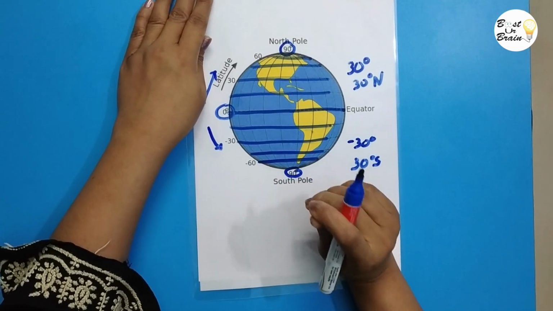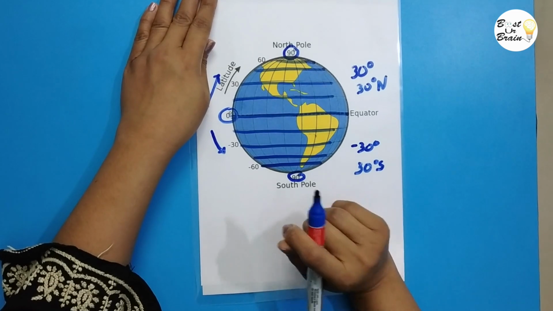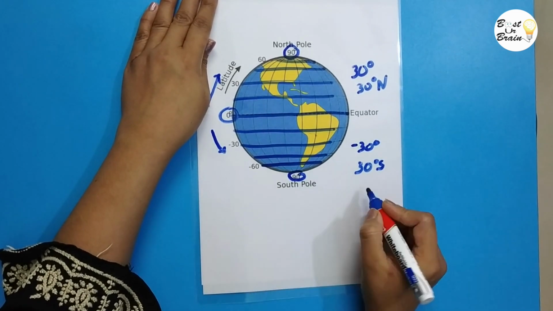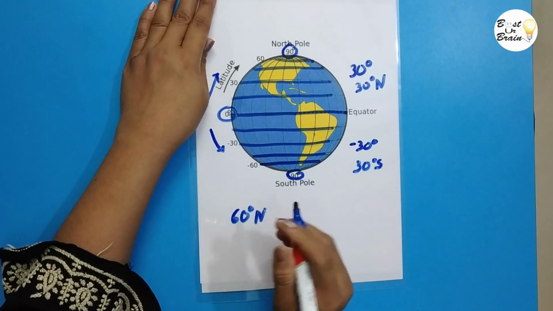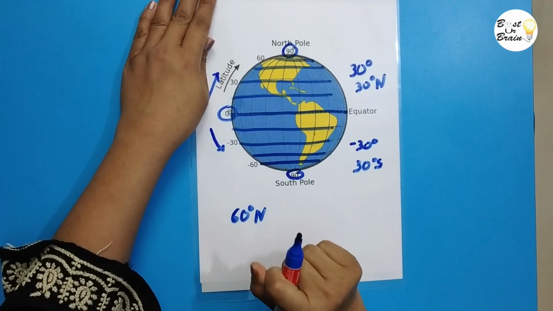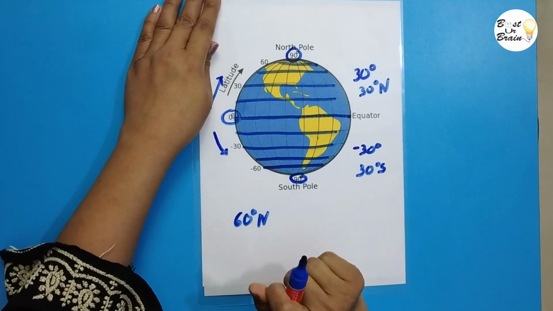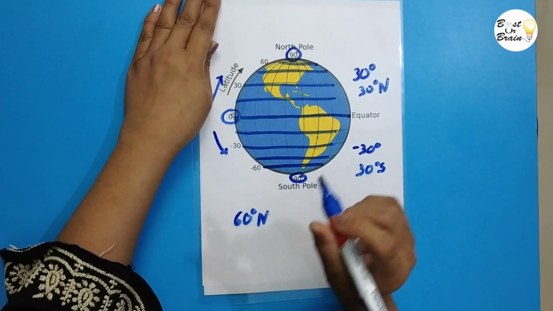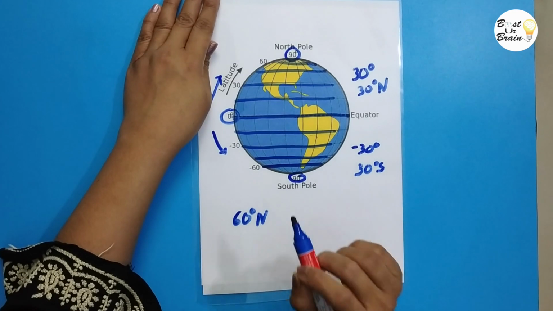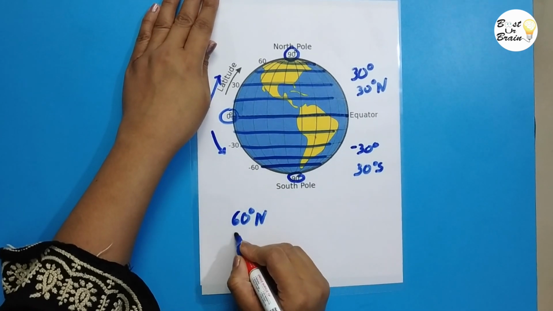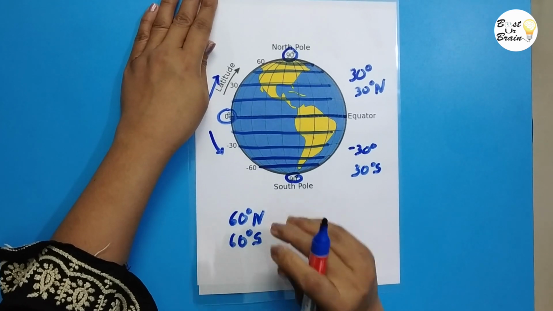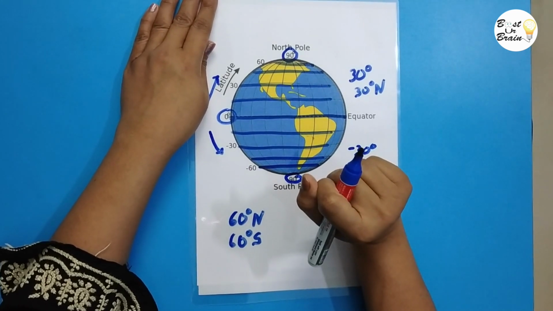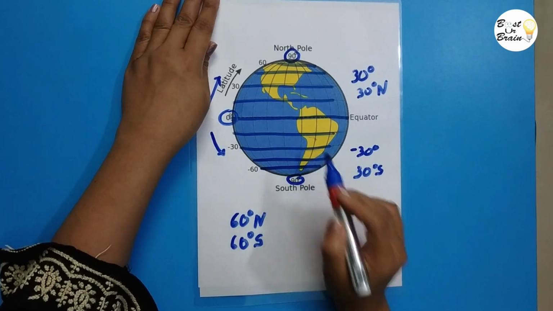Now, tell me, if we write 60 degree N, then it will be in which hemisphere? It will be in the northern hemisphere. And if we write 60 degree S, then it will be in which hemisphere? It will be in the southern hemisphere.